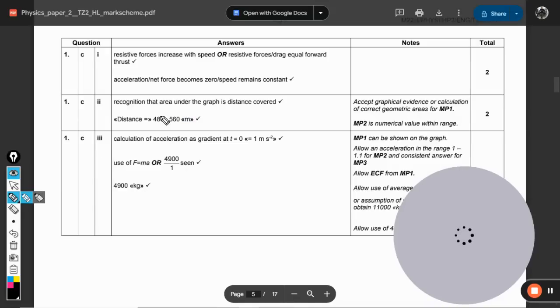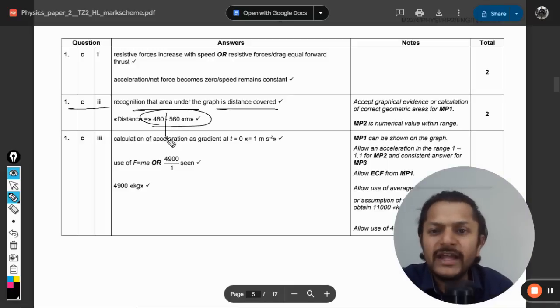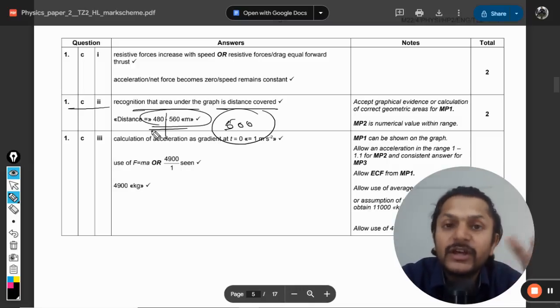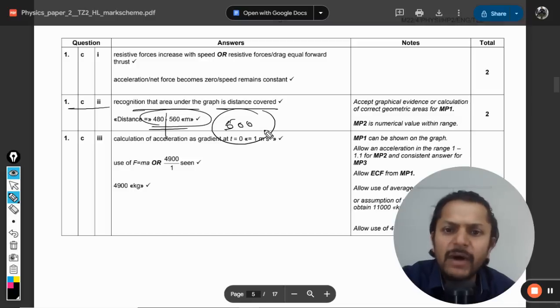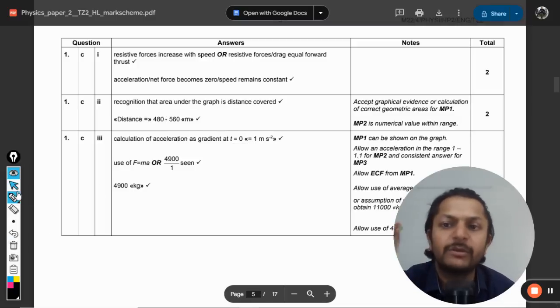Here you can clearly see C2: recognition that the area under the graph will be the distance covered, and a very big range is given. On average, we got the answer of 500, and they have given the range from 480 to 560. So you can answer anything in that range and you would be getting the marks. This is how you do it. At the end of the day, you have to find the area, or the number of squares.